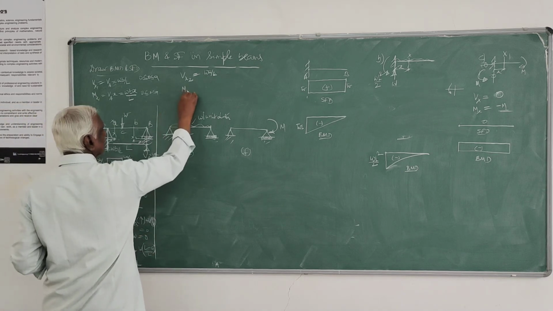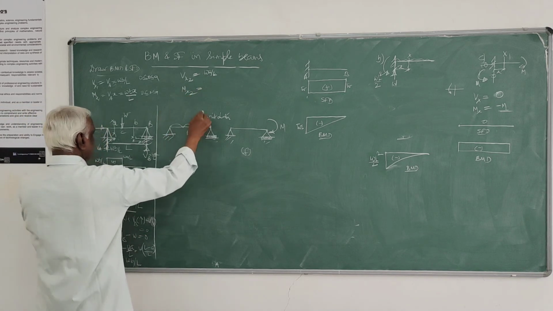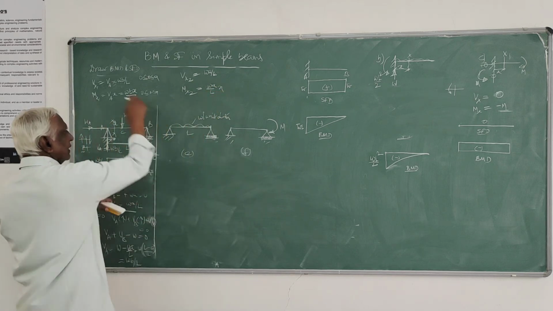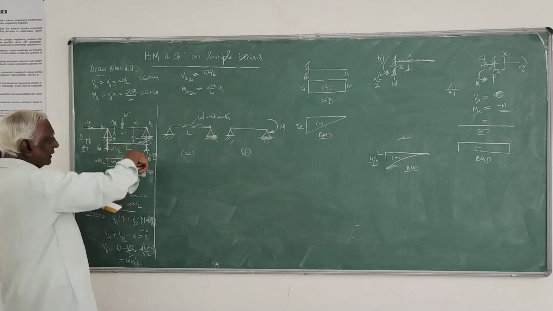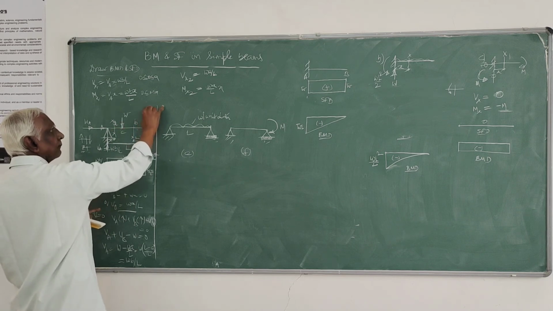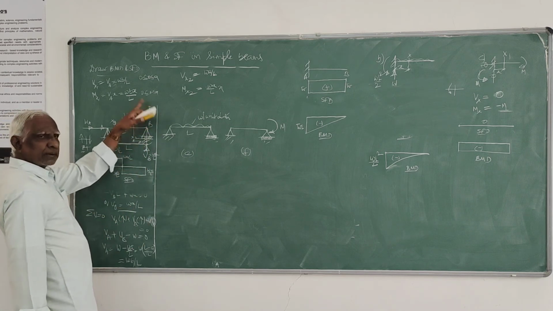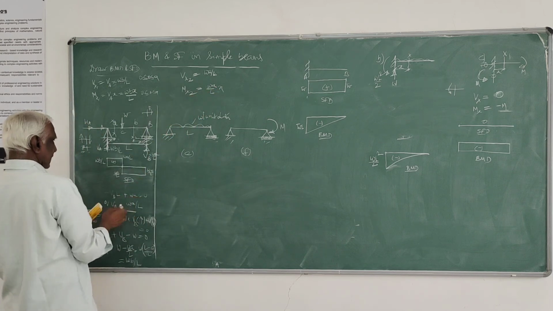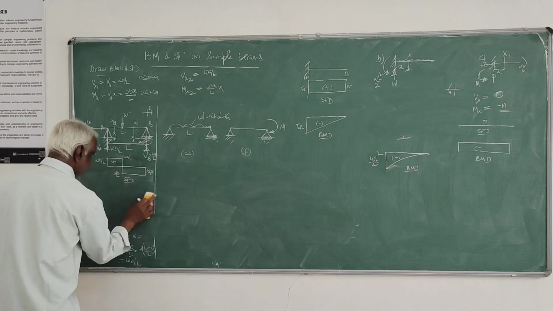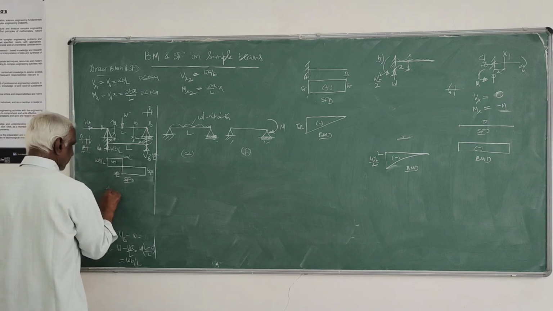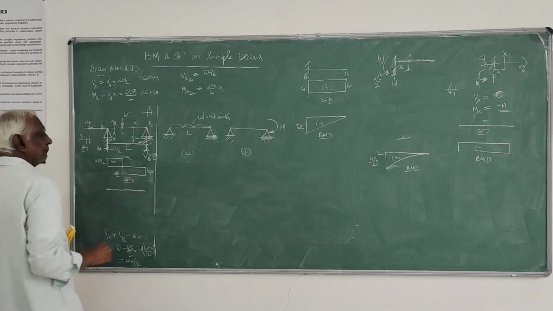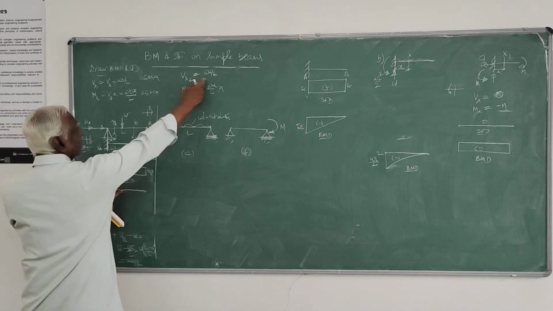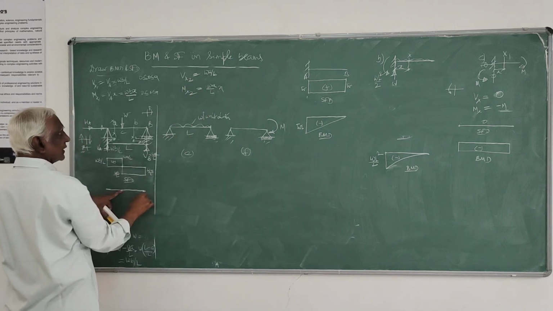Similarly, MX2 is this W A by L into X. This is clockwise. This side, so it is positive. Anti-clockwise, positive. So when X is equal to 0, you will plot it and see. So this is the bending moment diagram. For this portion, when X equals 0, it is 0.